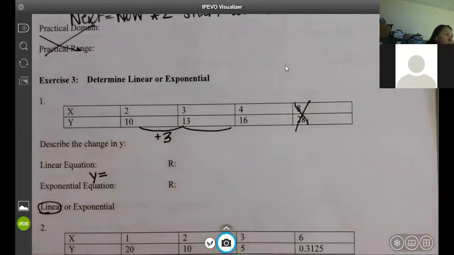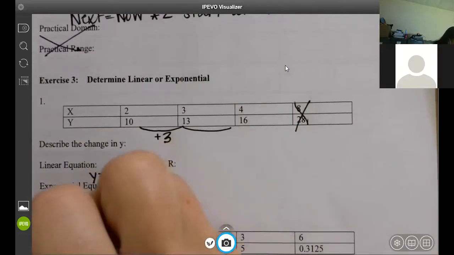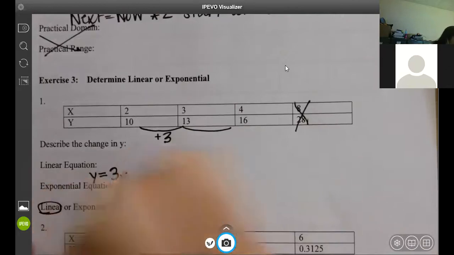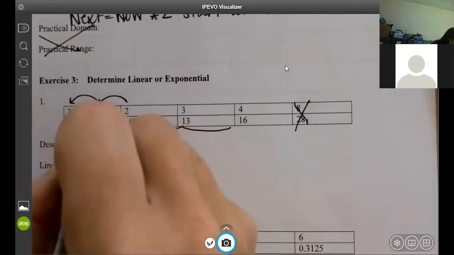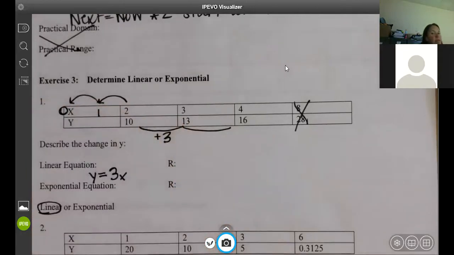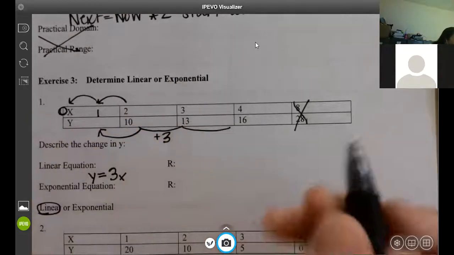So y equals, how did it increase? And then to get my y-intercept, I got to get to 0. So if I added 3, how do I get backwards? Minus 3.